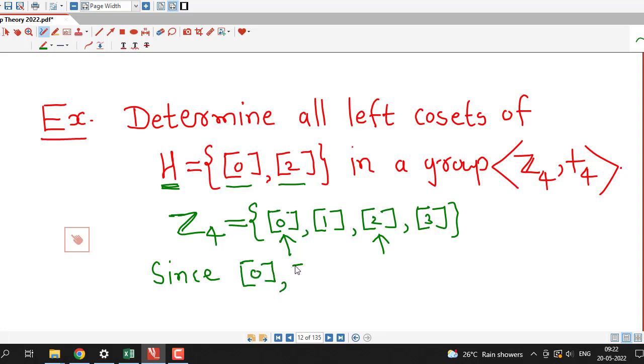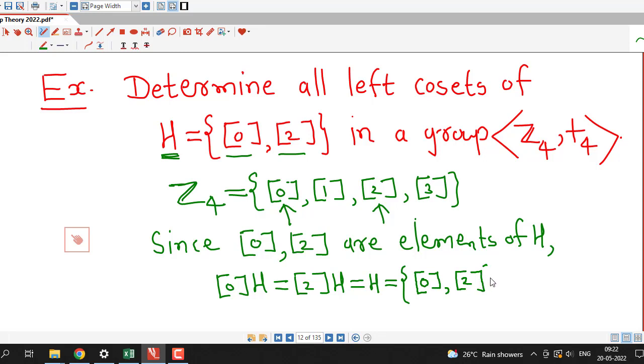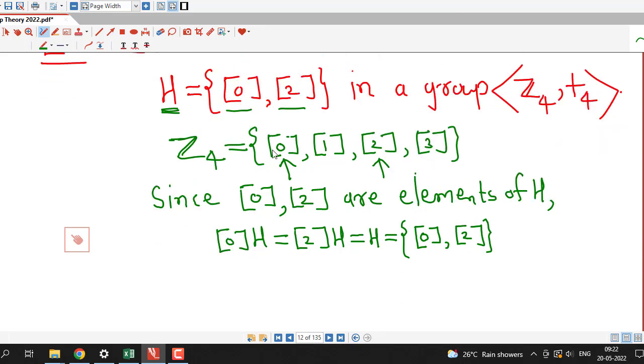Since 0 and 2 are elements of H, we can directly write that the left coset generated by 0 is equal to the left coset corresponding to 2, which will be equal to H, and it is nothing but {0, 2}. So we have done this for 0 and 2.